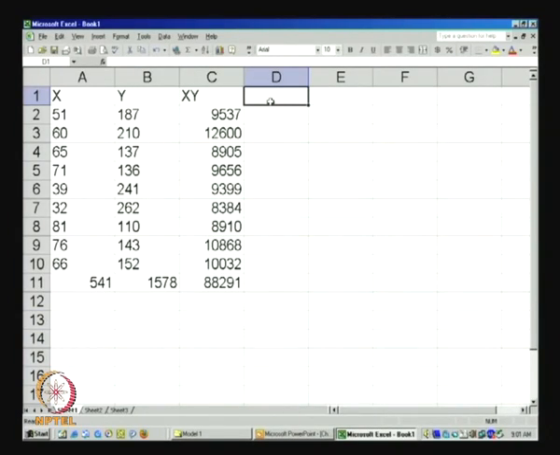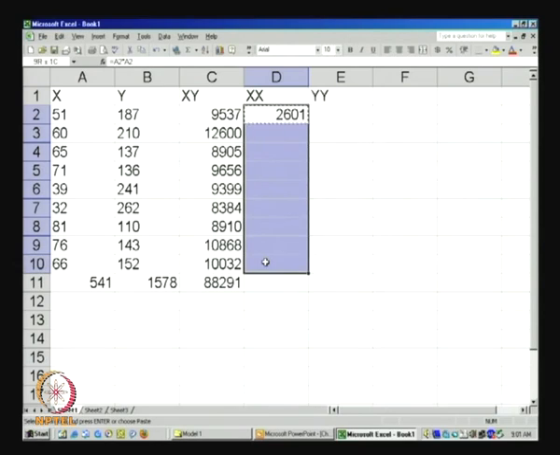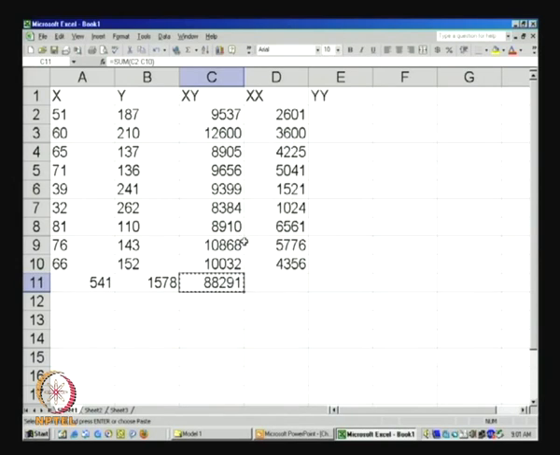So what you have to do is take x times x, and in another column we will calculate y times y. This is equal to 51 multiplied again by the same item. Then you scroll this series and you will get the entire items. Again this should be copied, then enter.